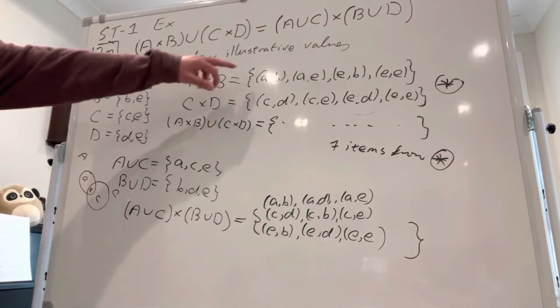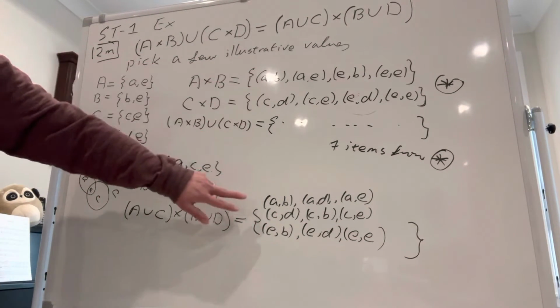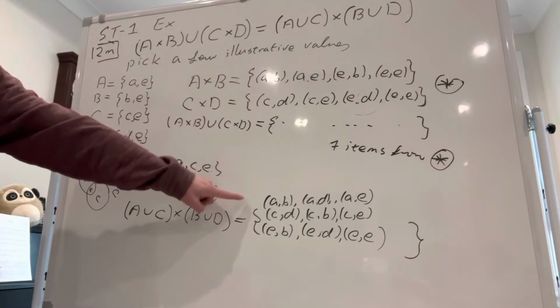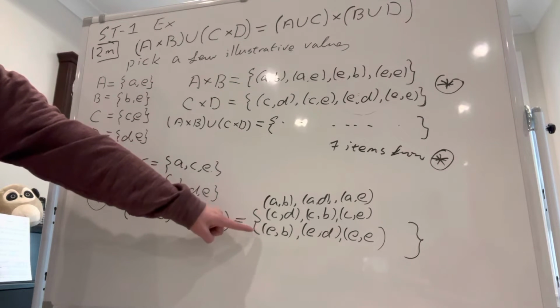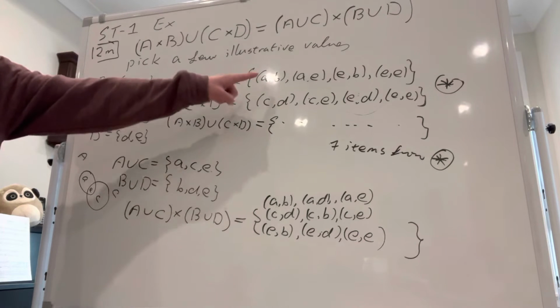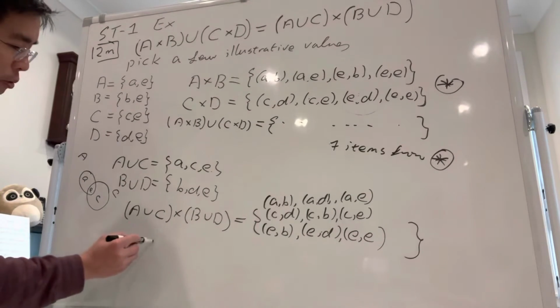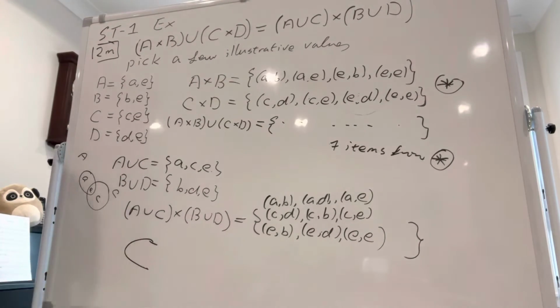So if you compare this, every one of these 7 items appears here, but there are 2 items on this list that don't show up here. So therefore, this part is always like this. Can I get a show of sign again? Okay.